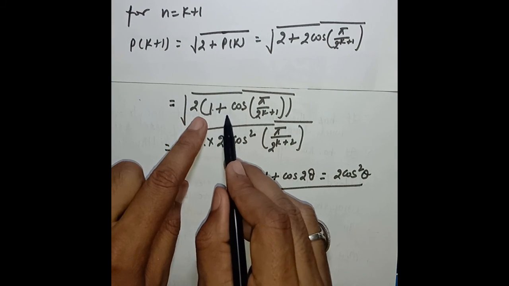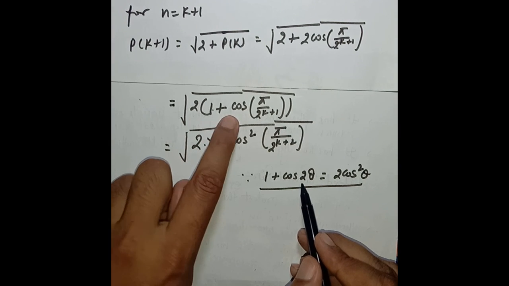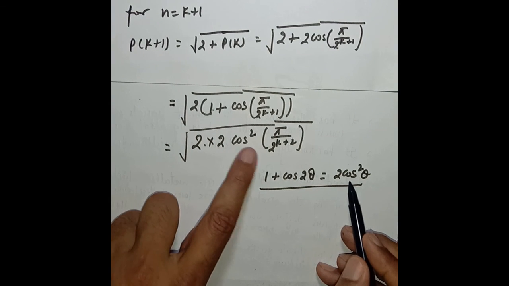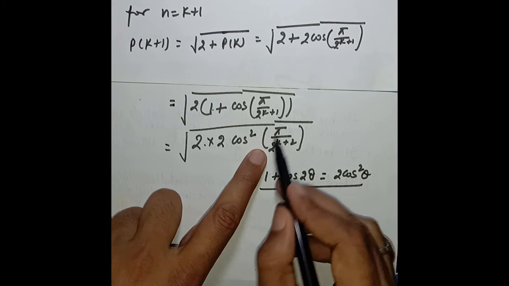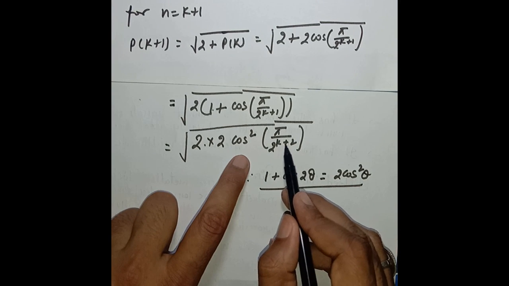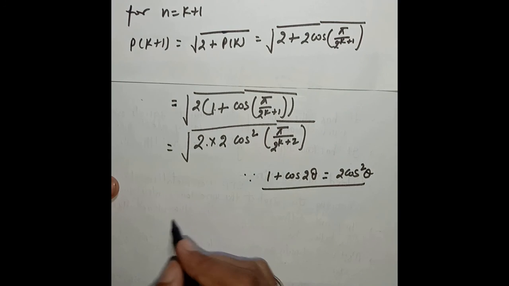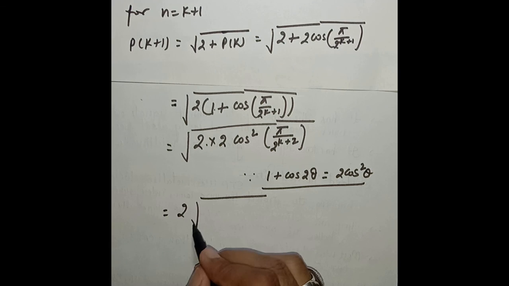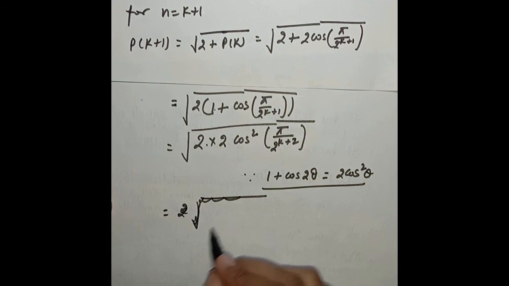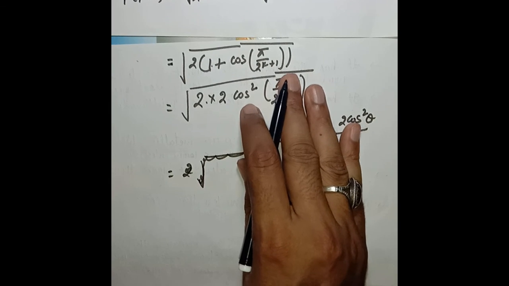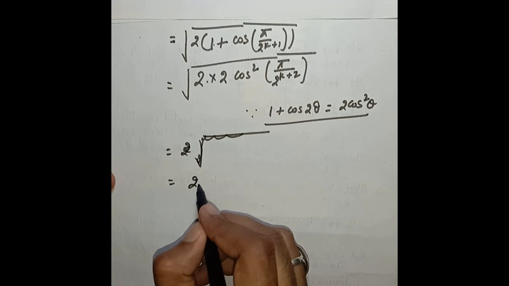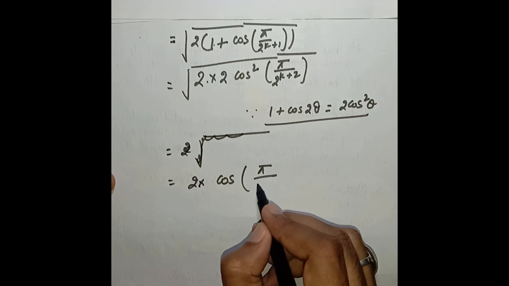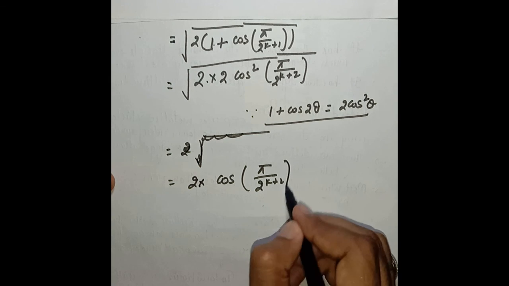Now we have 1 plus cos 2 theta, so we can write 2 into cos square of theta by 2, that is pi over 2 to the power k plus 2. This implies we can write 2 into cos pi over 2 to the power k plus 2.